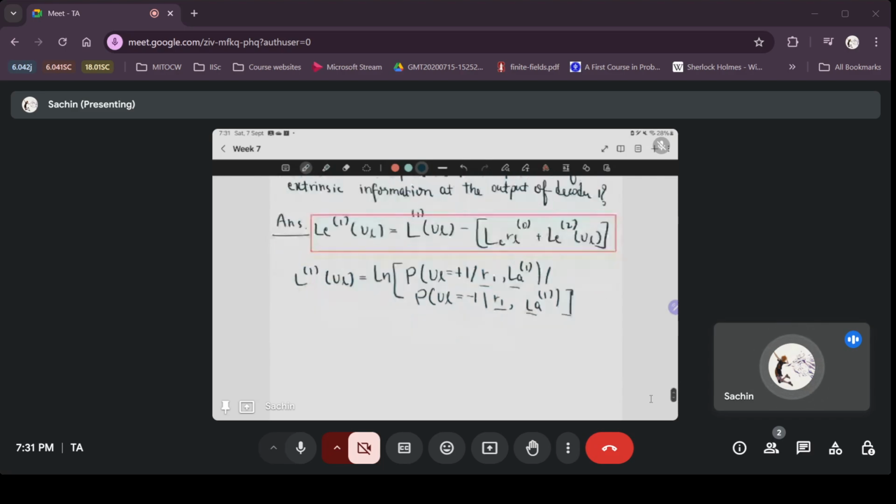So it's an estimate of the extrinsic a posteriori L value, LE1 of UL.